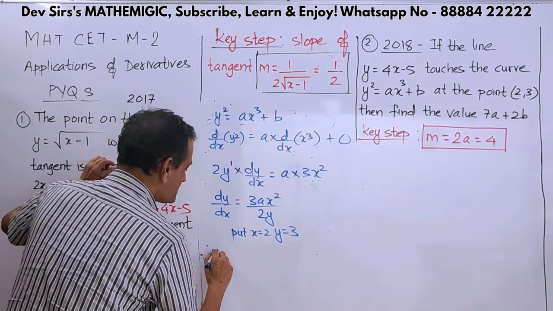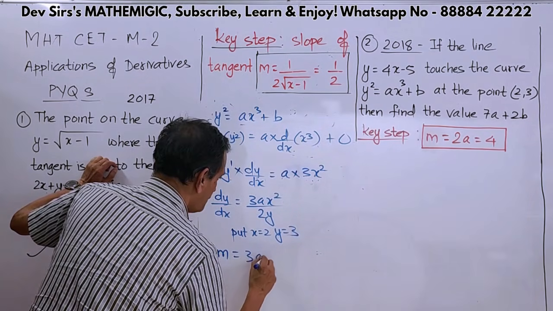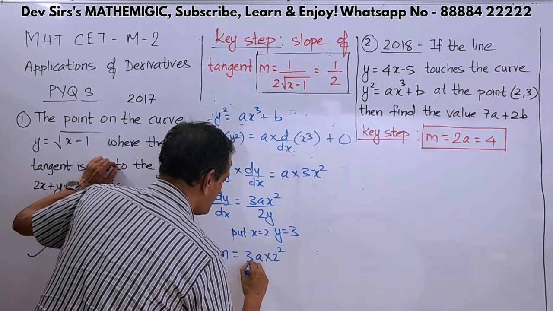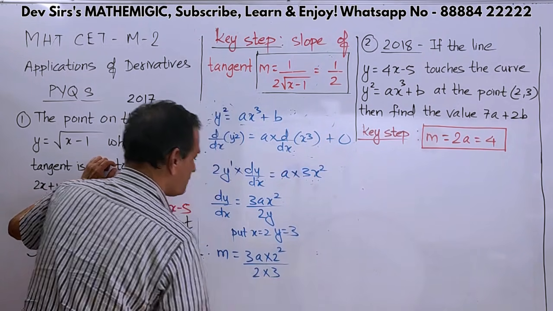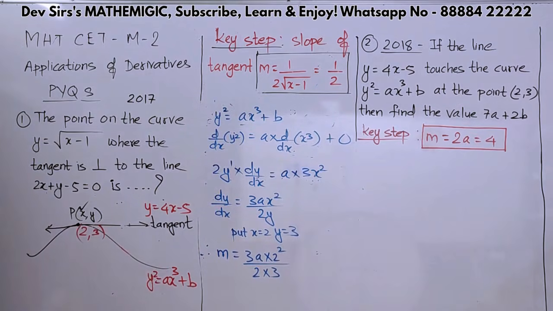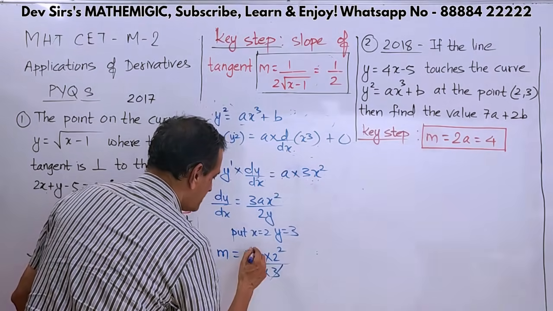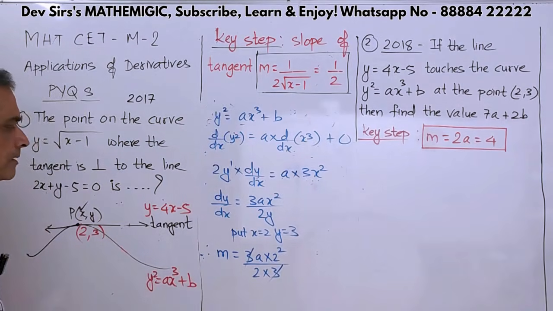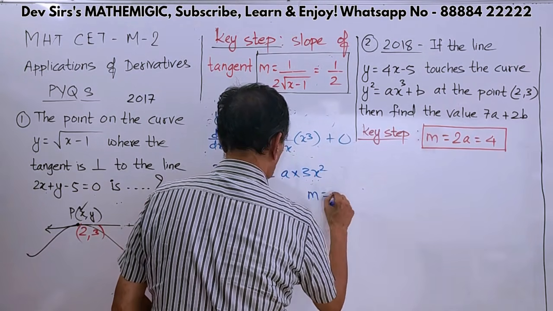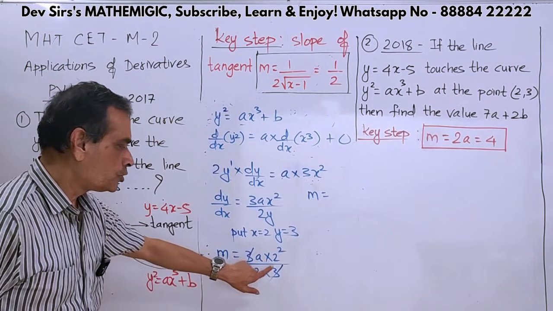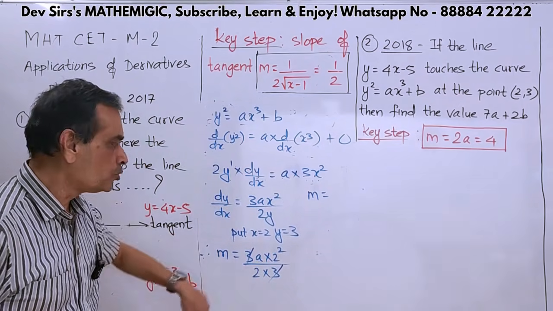Now dy by dx means m, the slope of the tangent. Y is 3, 3 gets cancelled. So m equal to 2 squared is 4, 4 upon 2, one cancels, 2a.